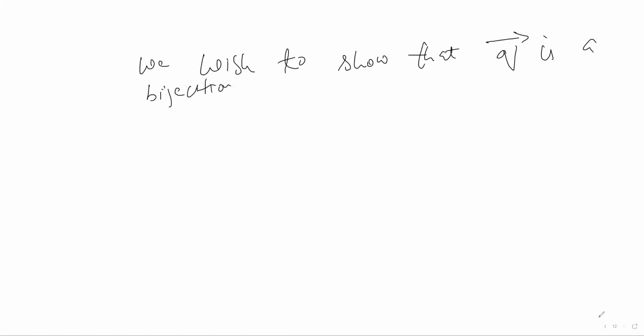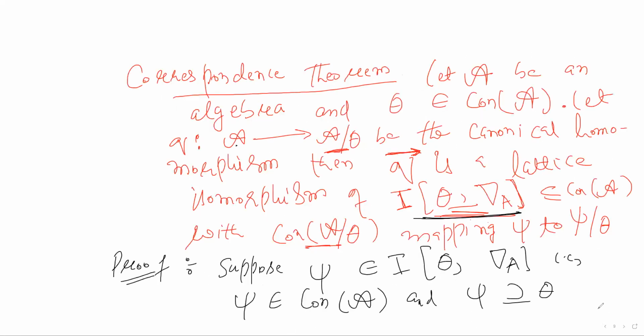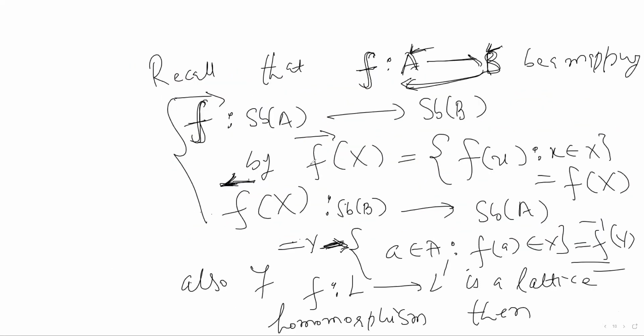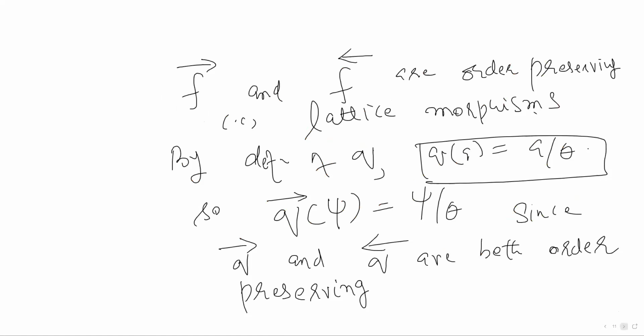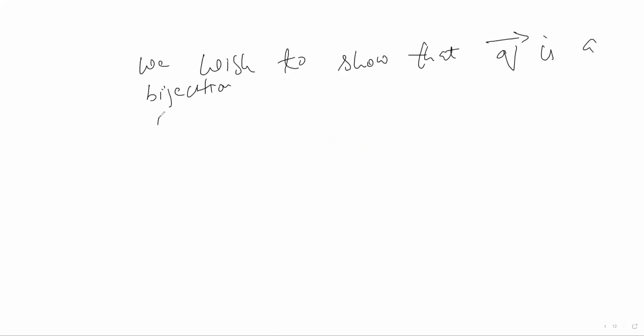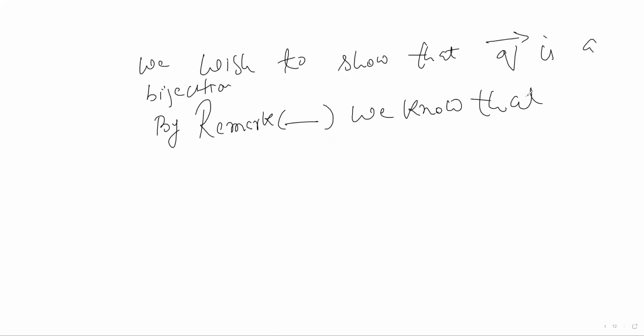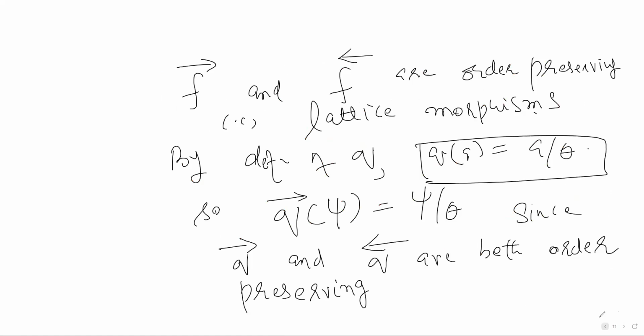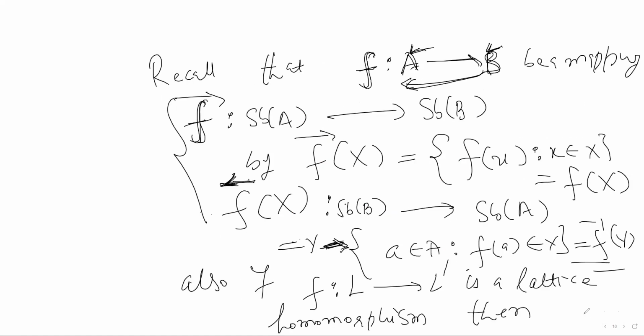But we also know that from when we discussed these type of maps, we stated a remark which says that, so by that remark, we know that since this Q bar is surjective, this Q is surjective, so therefore Q forward arrow is also surjective. Okay.